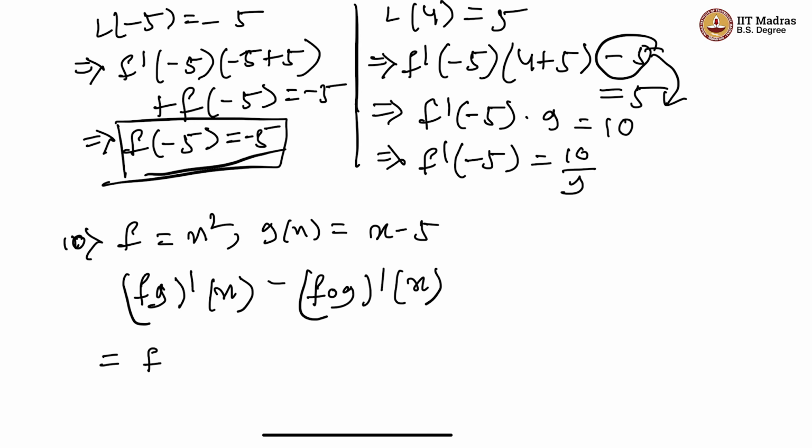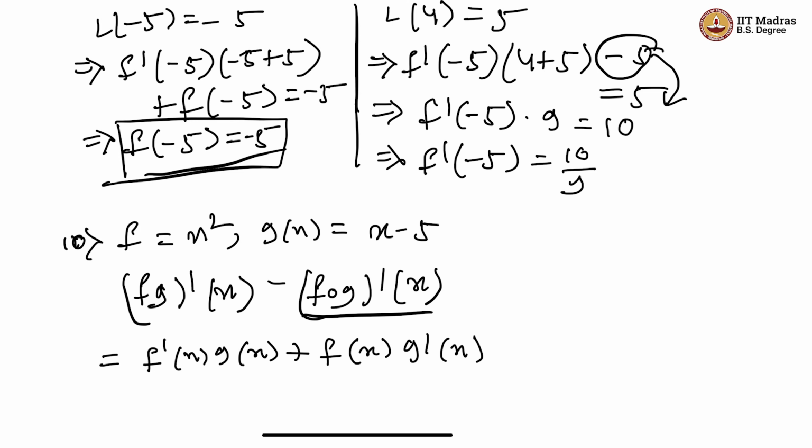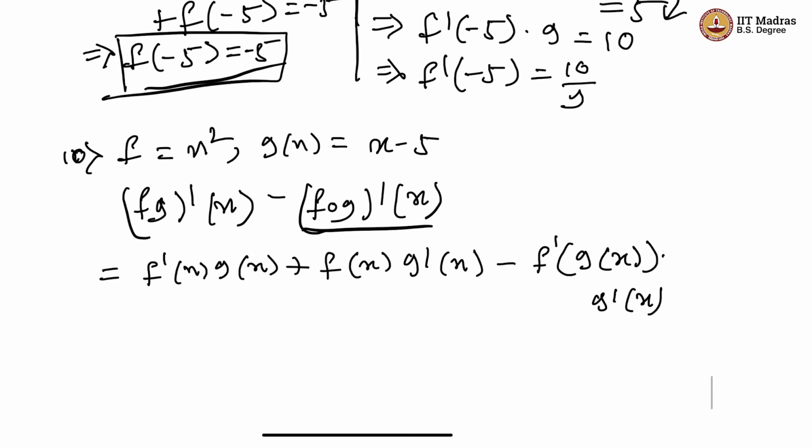So this will be f dash x g x plus f x g dash x, right? And this is basically minus f dash of g x into g dash x, right? So f is x square, so f dash will be 2x, right?